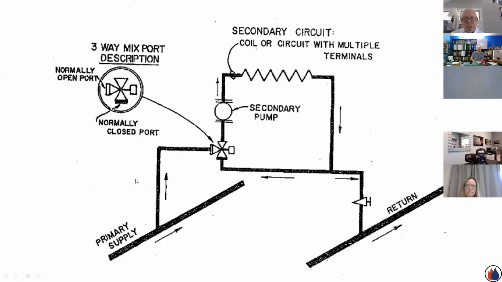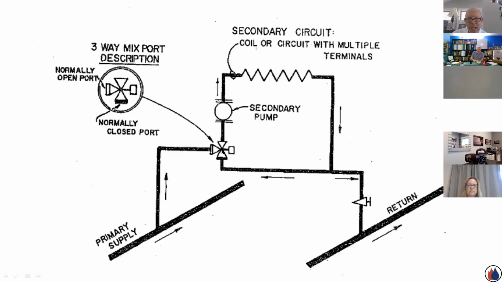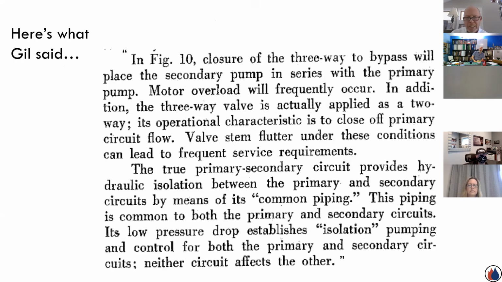What he goes on to explain is that with this valve repositioning, you basically put the primary pump in series, and the motor overload, as frequently will occur, meaning when that valve closes to bypass, you have that primary pump's pressure differential in series with the smaller secondary. That's a no-no. That is not primary secondary.